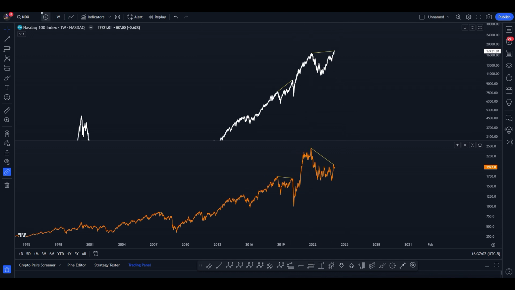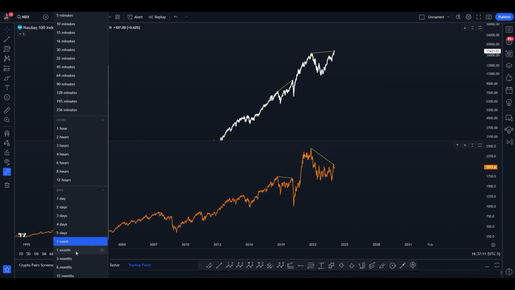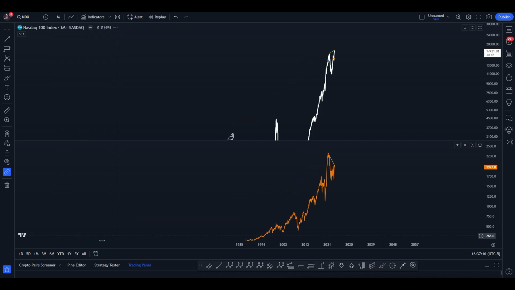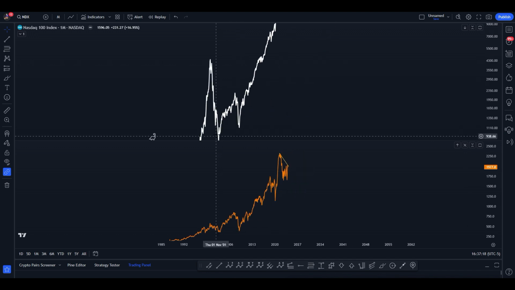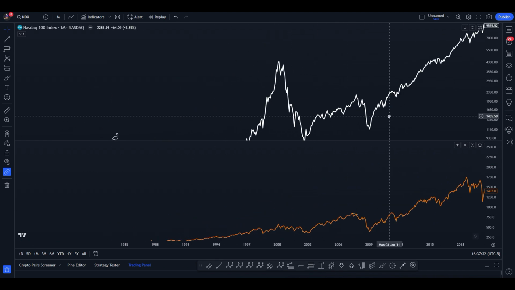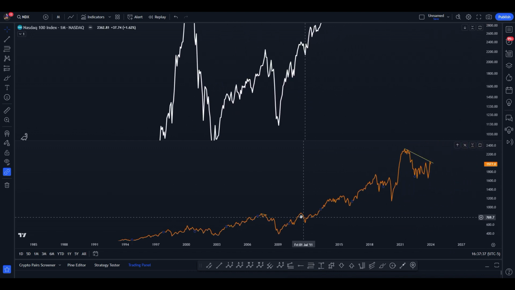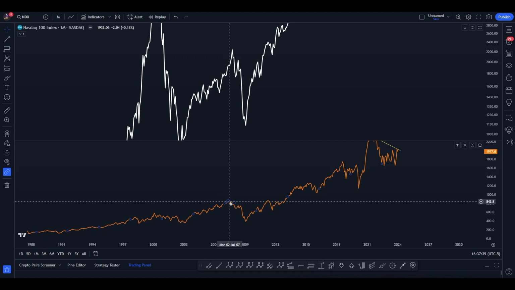Now that's not all though. There's something else that's kind of cool that I want to show you. Let's go to the monthly chart. If we go to the monthly chart, then that little one that we were looking at over here disappears. On a monthly closing basis, we don't have the non-confirmation. But we do have it still here in 2008.